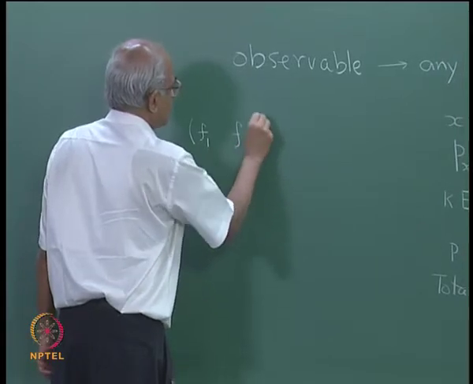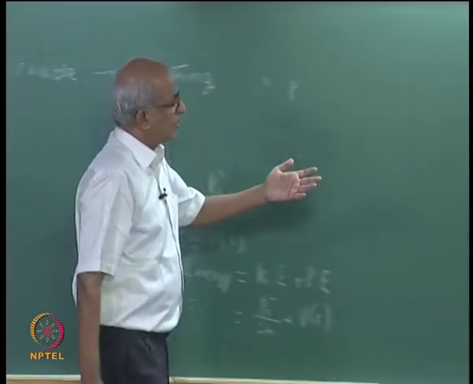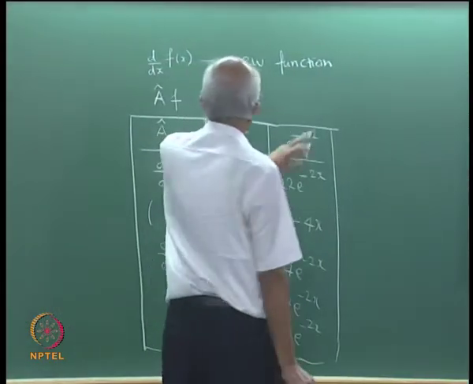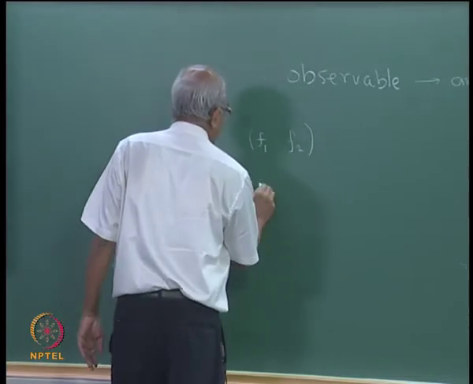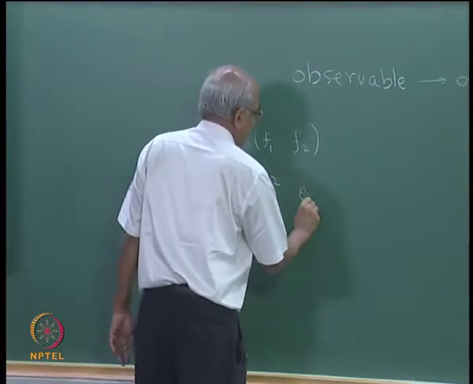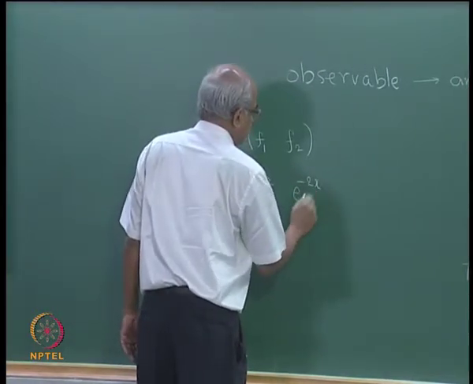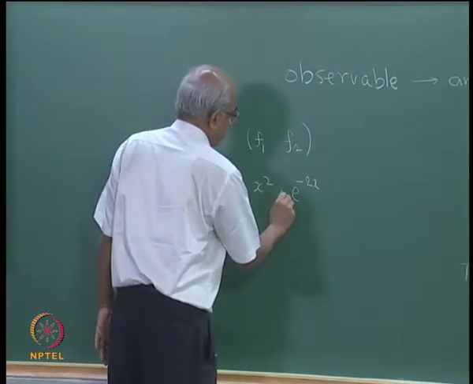For example, one of them may be x square, the other may be e to the power of minus 2x, and what am I going to do? I am going to add them.